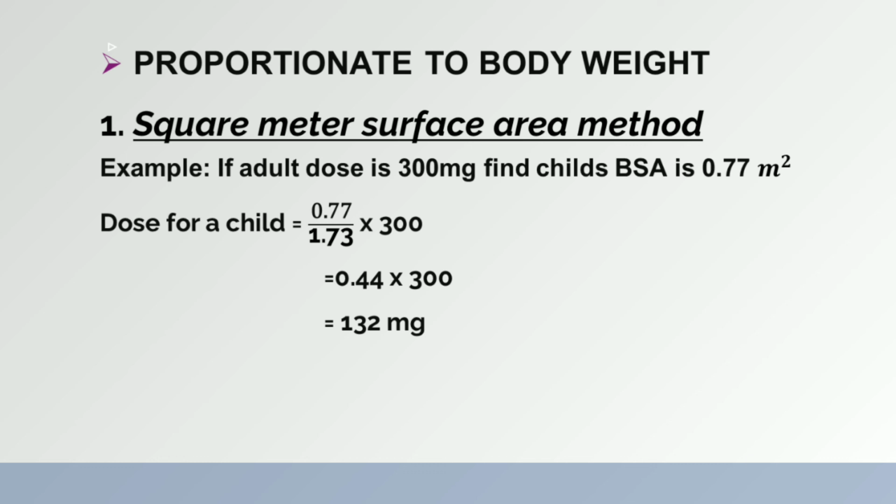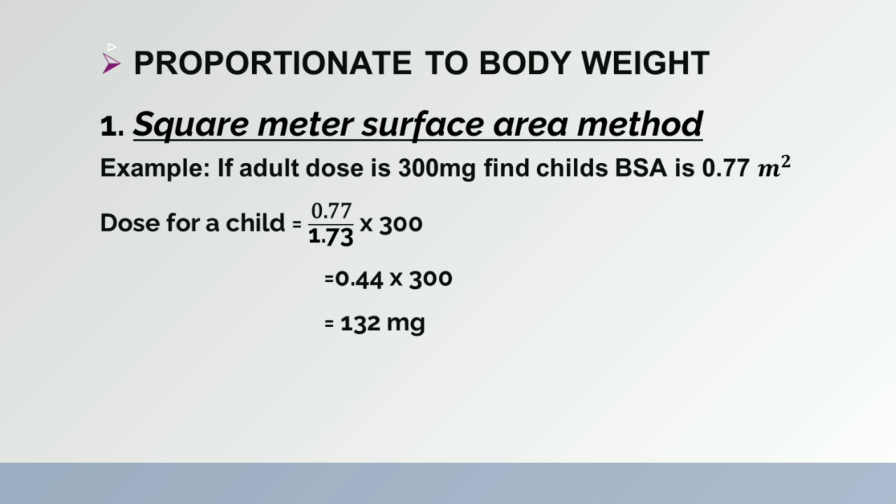So this is all in our today's video. Just to summarize, let us recall what we have seen in today's video. First one, proportionate to age. We have seen rules or formulas like Young's formula, Dilling's formula, Fried's rule or Fried's formula for infants, and Cowling's rule.